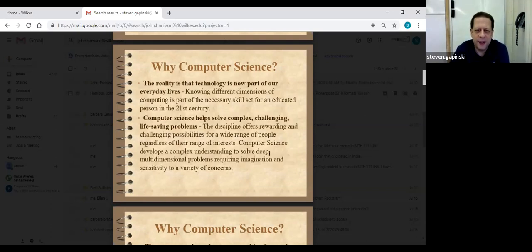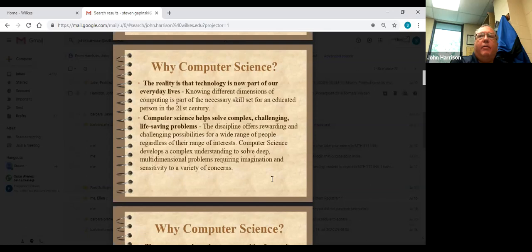Computer science is also very, very valuable because you're looking at problems that are going to require some thought and imagination. As I said, it's fair to say computer science is kind of an applied version of math, with an engineering component. There's a math component, an engineering component, as Mr. Kapinski said, and you can use it all over the place.